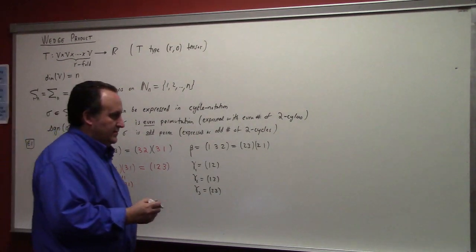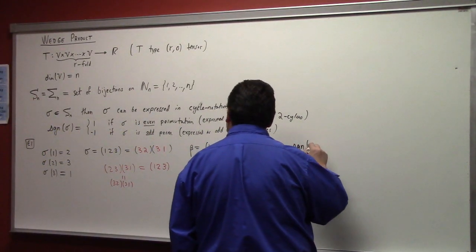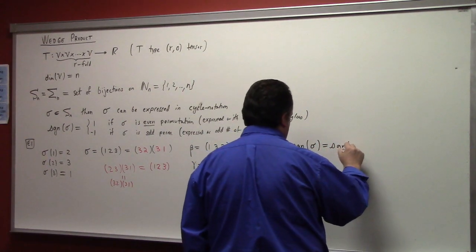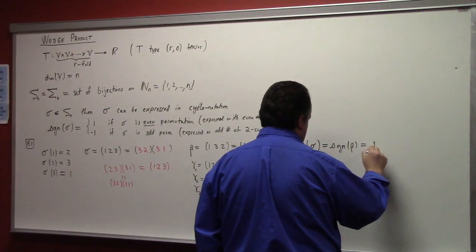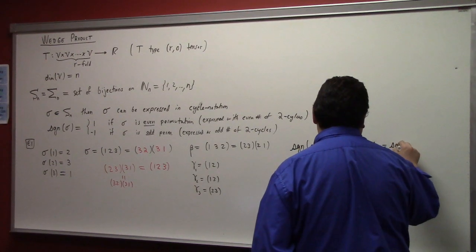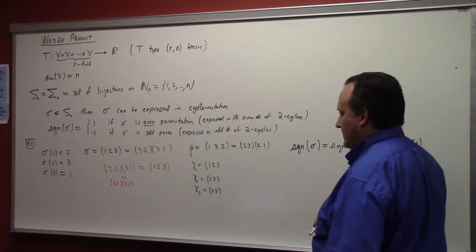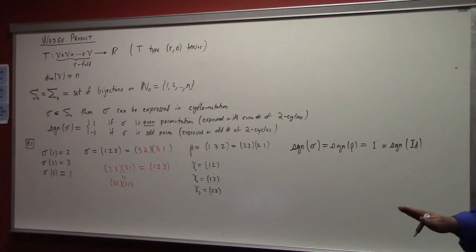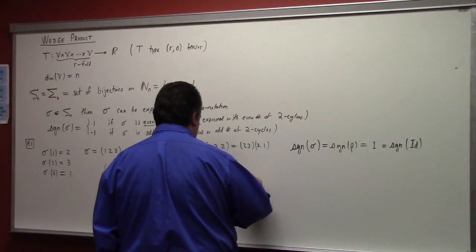So the sign of sigma equals the sign of beta equals 1 in my notation, and that's also the sign of the identity. So you have 3 even permutations, and these are all odd, right?